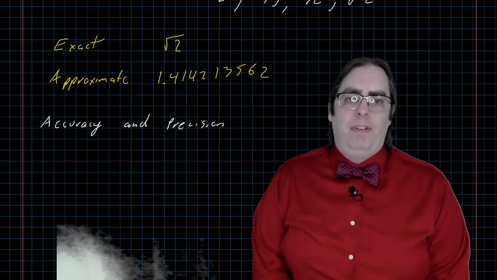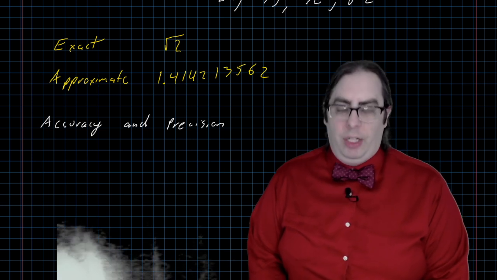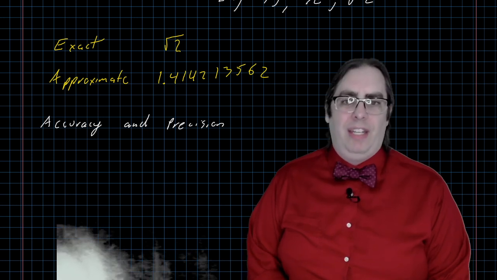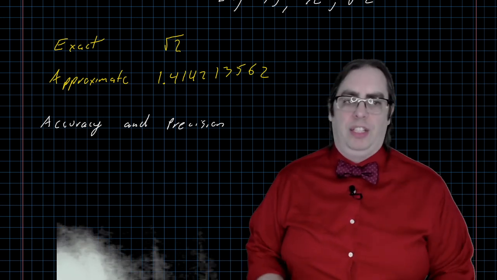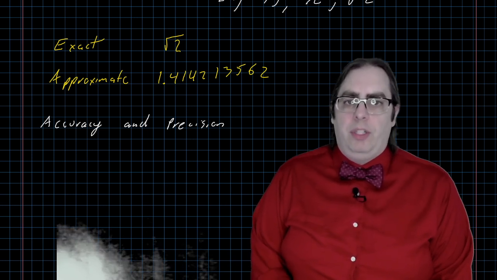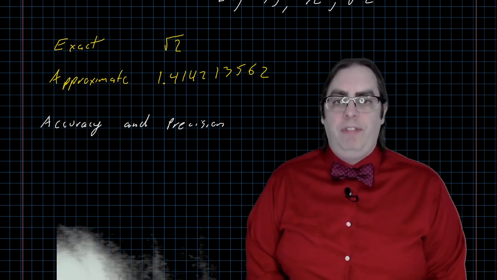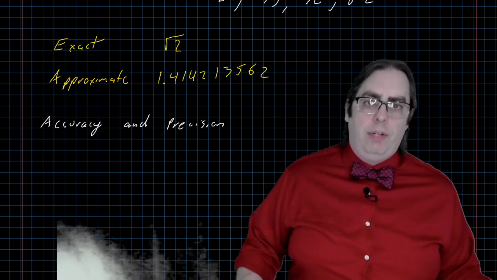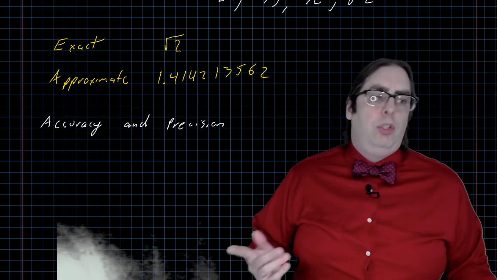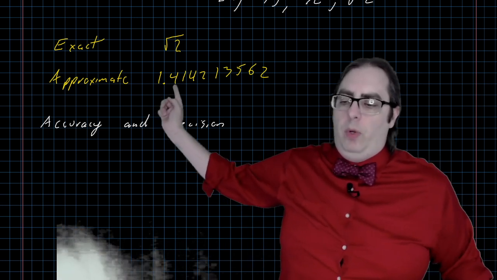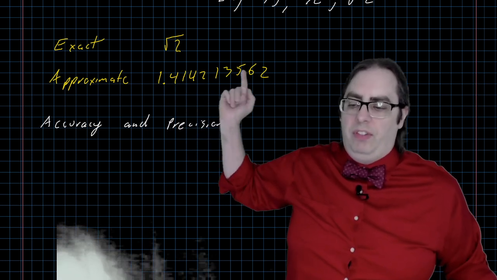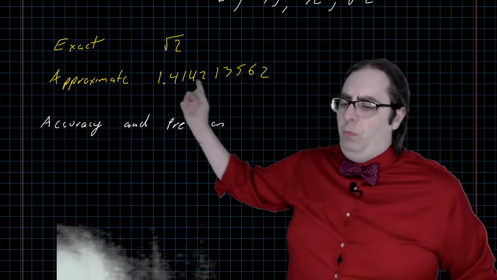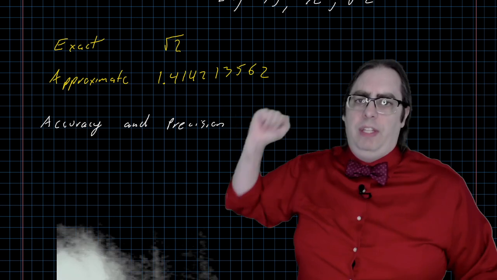If you have the need of measuring long distances and you are measuring with a device that is only marked in feet with no subsectioning, well then your measurement of 3,768 feet is good to the nearest foot. If you then do calculations and say, oh yeah, that gave me a 1.414213562 foot difference between these two lengths, you only measured to the nearest foot. How are you getting all of these decimal digits?